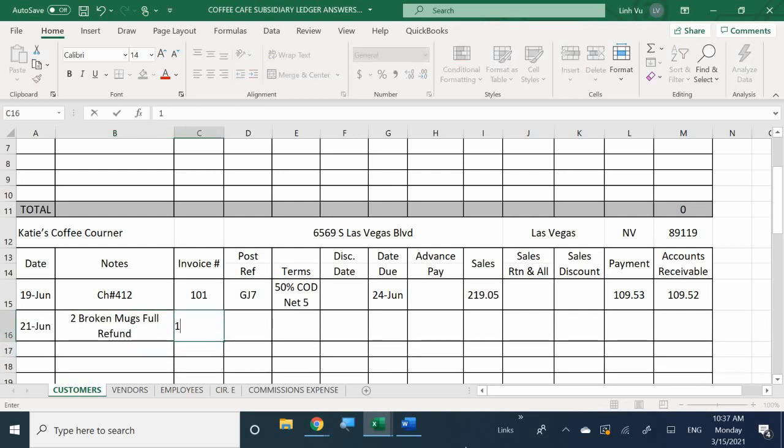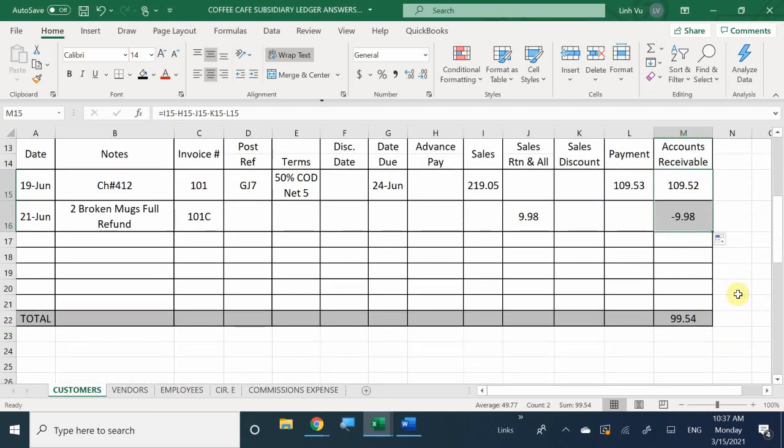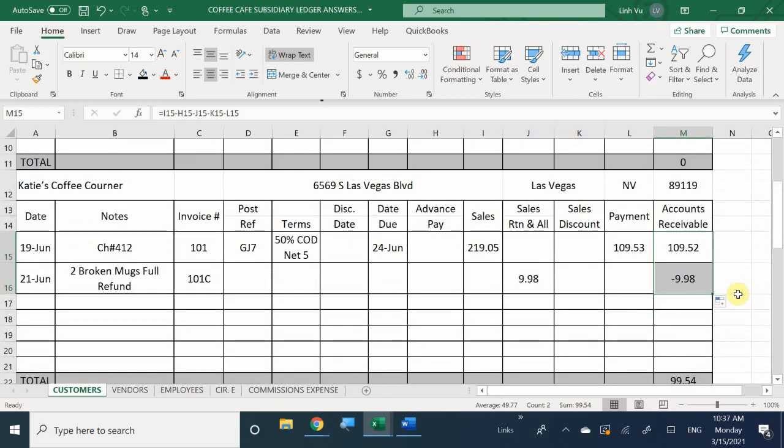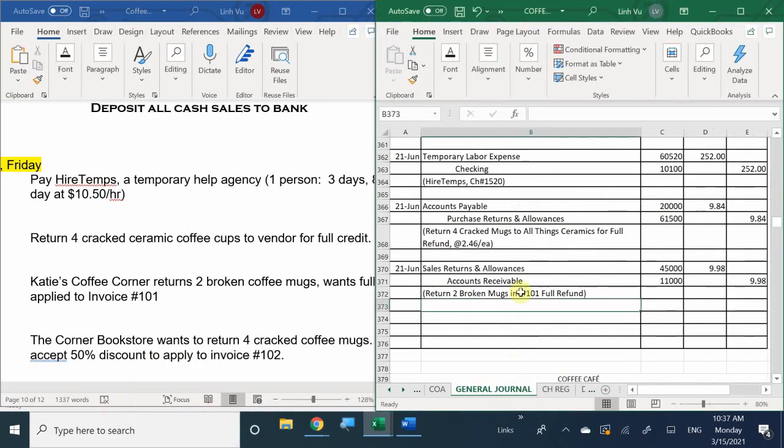And remember, this time I'm going to put 101C because we credited this customer. Okay. So here we could finally get to use the sales returns and allowances column for $9.98. So here, if I pull the formula down, therefore Katie should owe me $99.54. All right. Ready? All right. So what happened next?